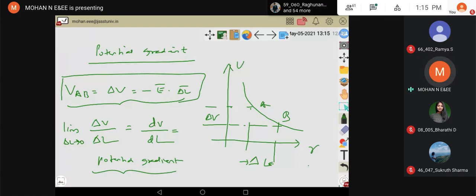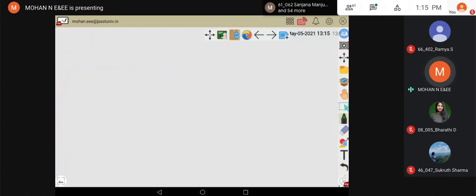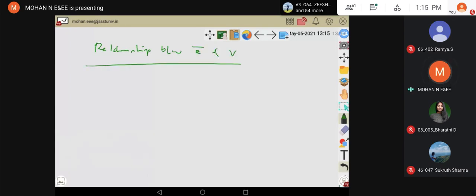So next is the relationship between E vector and V. We have seen the relationship between E and D in the concept of Gauss law and Gauss divergence theorem.